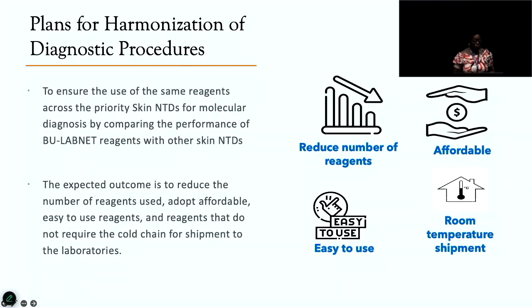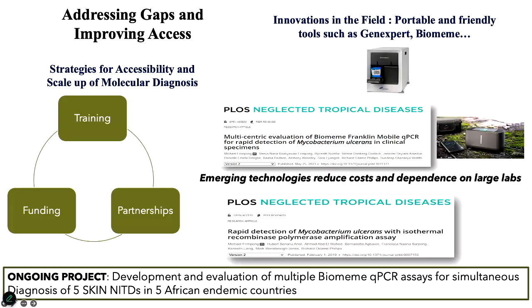So for the future step, we need to continue addressing the gaps at the level of the labs and see how we can continue to improve access through training, through funding, and also partnership. There is a good example of how to have friendly and transportable tools in the field, like GenSpire.